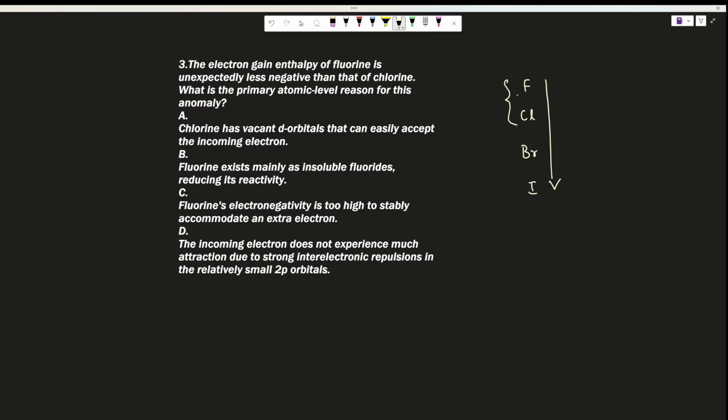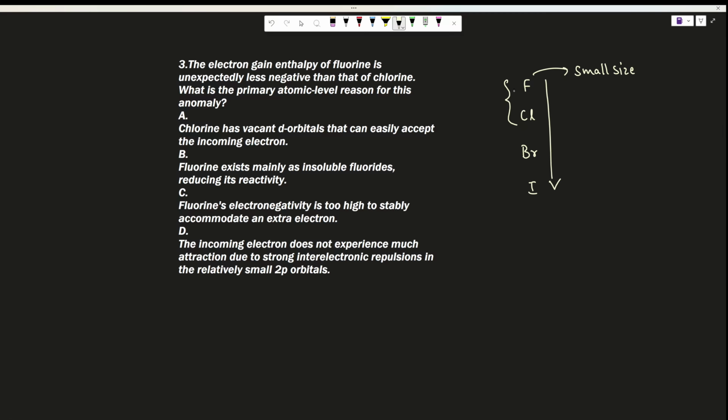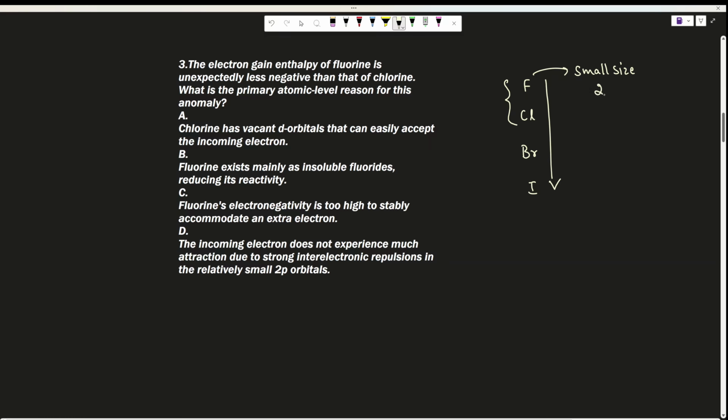And that is because of what? Because of its small size. We have some anomaly for second period elements. Fluorine is also second period, so it has an exceptionally small size, and in this case you will have 2p orbitals which are very small. So you have 5 electrons in them.